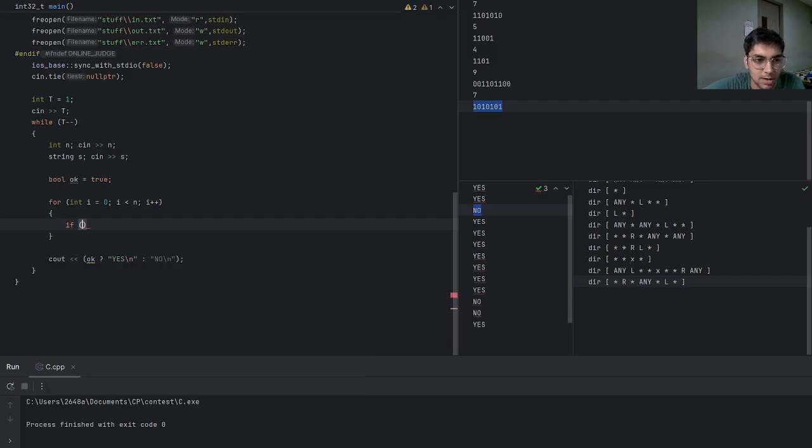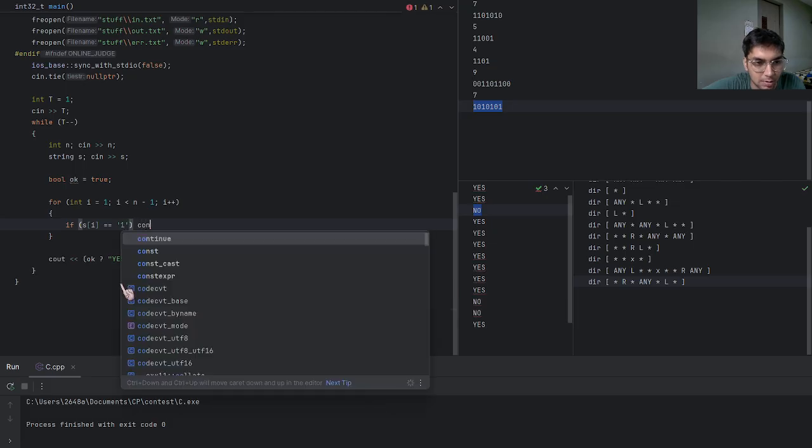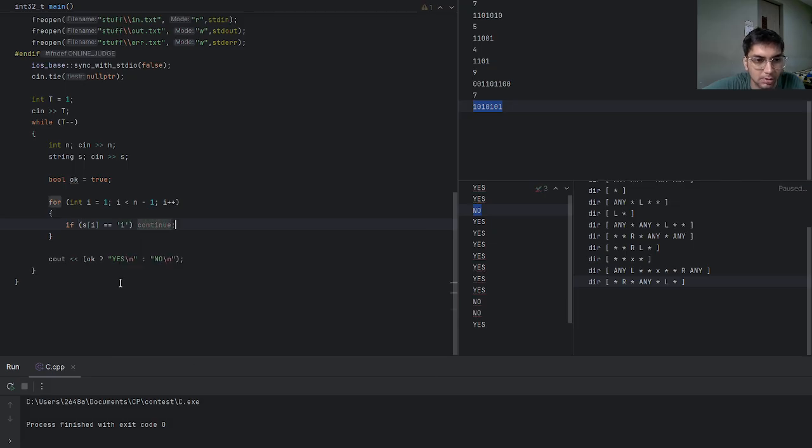So yeah, if first of all we start from here and we go till here, and if s of I is 0, or rather, do this. Okay, now you'll be like, if s of I minus 1 is also 0, we have to know s of I plus 1 is also 0.